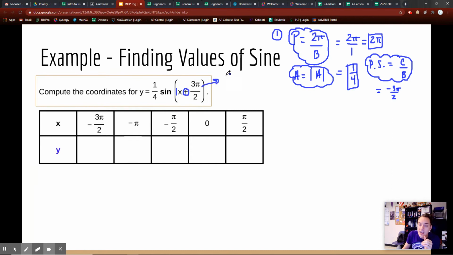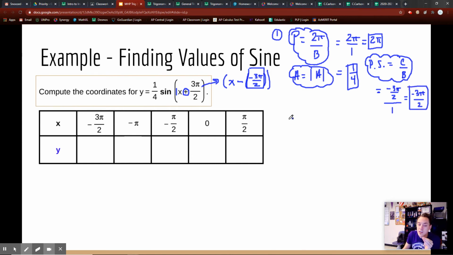What this is really saying is x minus a negative 3 pi all over 2, and a negative of a negative gives me a positive, but the problem doesn't show that. You need to deduce that this is your C value. Now what's your B value? It's of course 1. So it equals negative 3 pi all over 2.